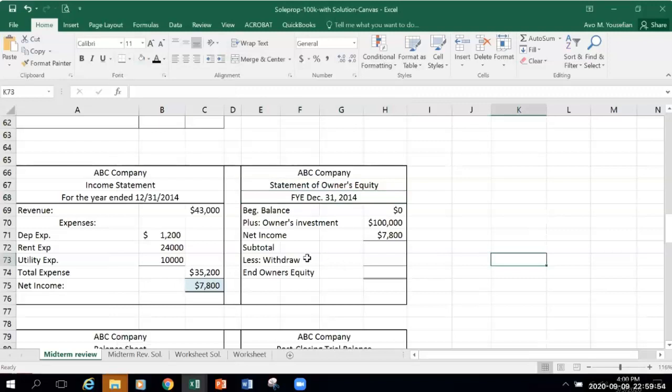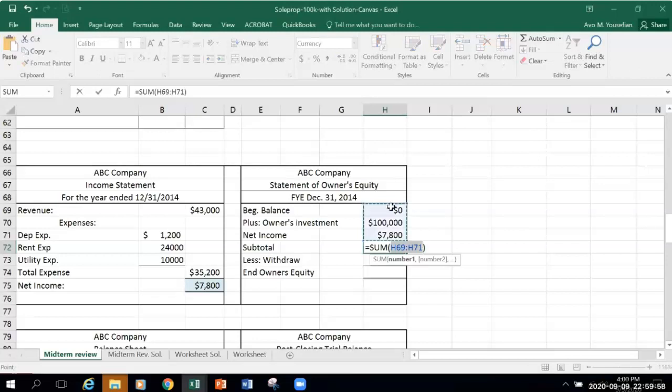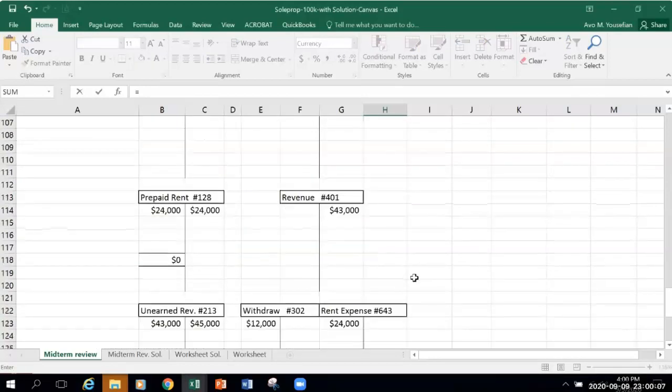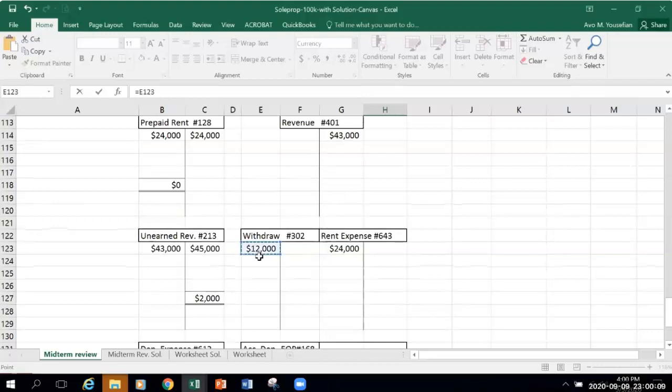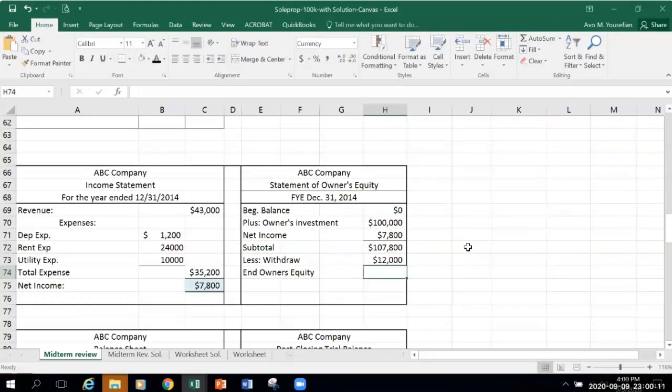Now, subtotal is sum of those 3 boxes, enter. Less withdraw, so equals to less withdraw is that box, enter. My goodness, right? So what's the total now? Equals to 107 minus 12, enter.